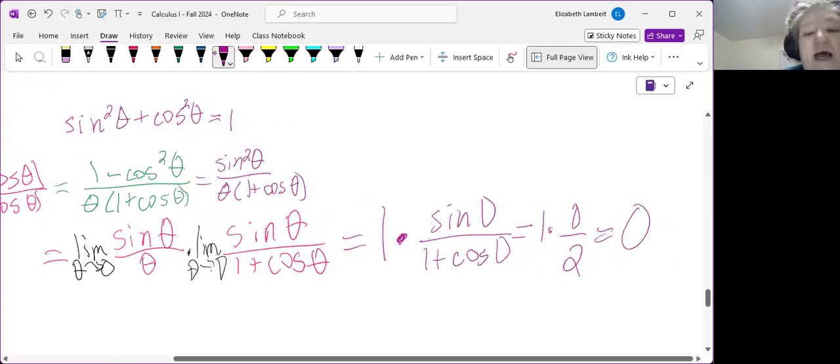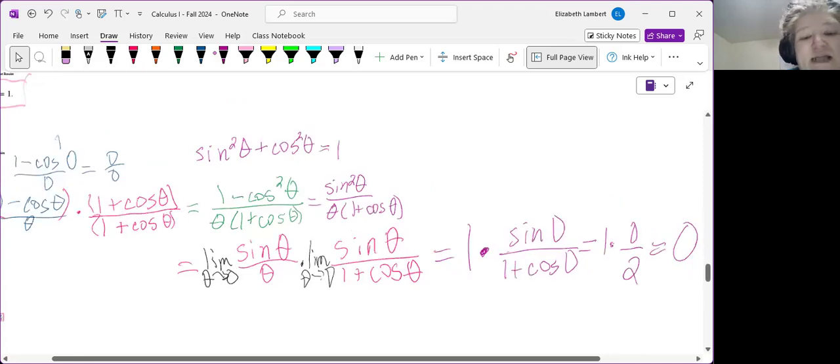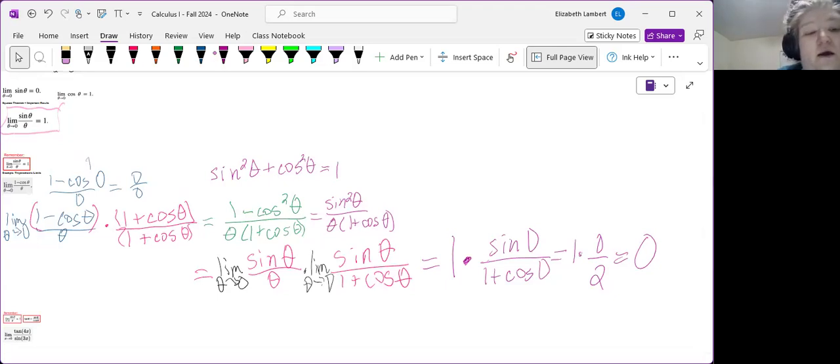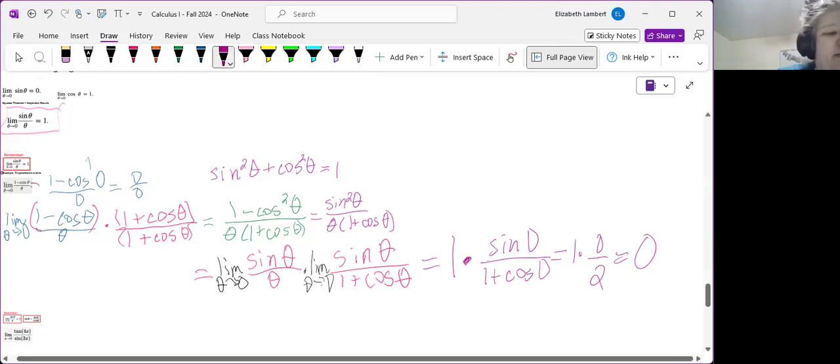So that's a whole lot of crazy work. Some of that is because I like to write a lot of steps to be clear about what I'm saying. But we proved that that little limit we started with is 0. That looks weird, so now I erased part of my work.